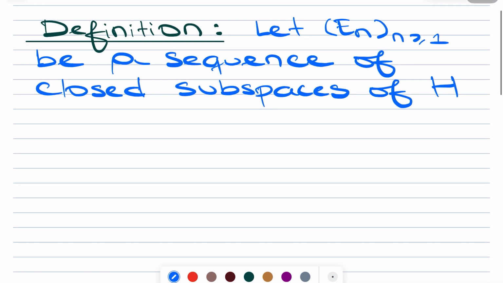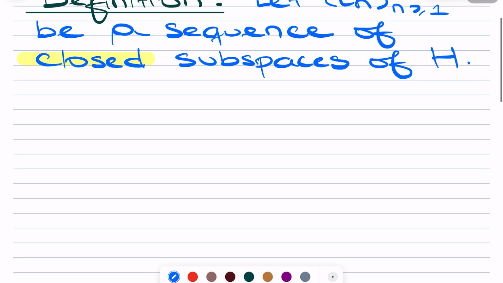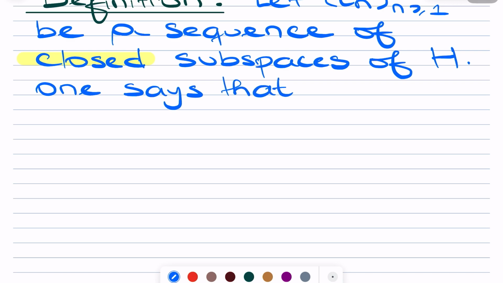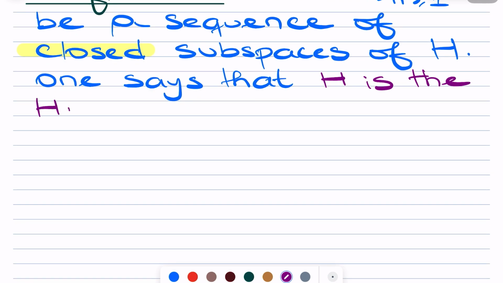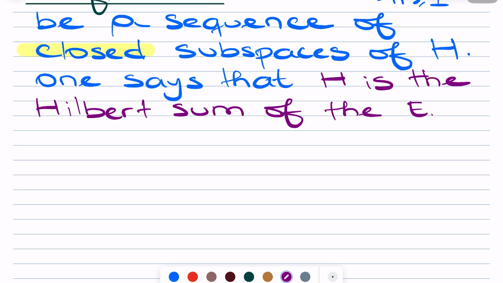Right. So let me just highlight closed. So one says that H is the Hilbert sum of the En, right?